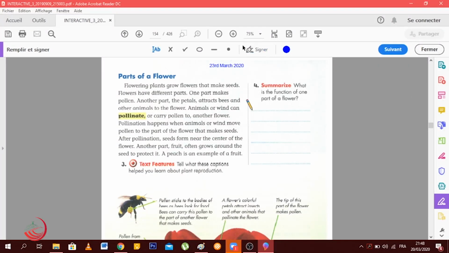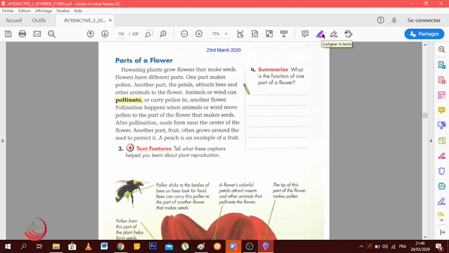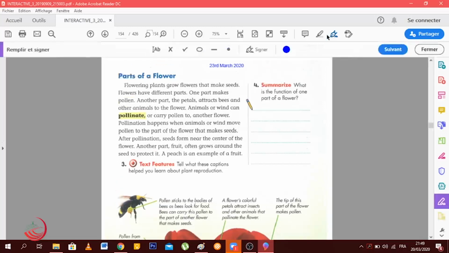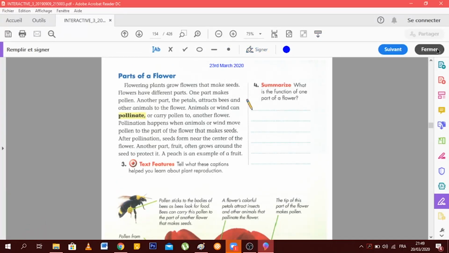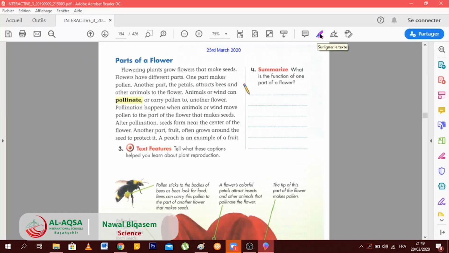Okay, so let's read parts of a flower. Where I'm gonna take a highlighter again. Yes, flowering plants grow flowers that make seeds. You remember when we were classifying plants, we said that we have two kinds of plants.